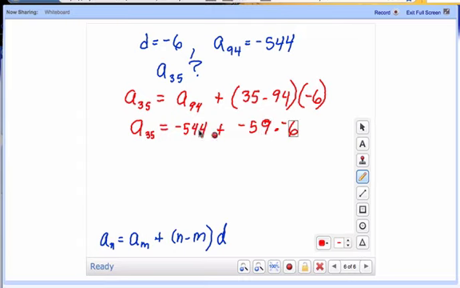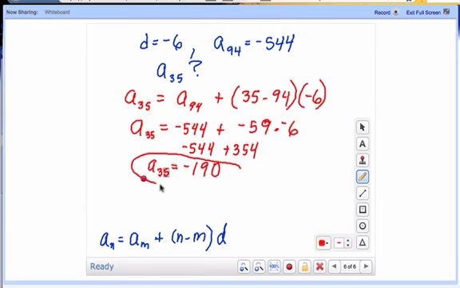So we have to multiply and then add together. So this gives you negative 544 plus 354, which we add together, and you get a negative 190. So the value of the 35th term, that's what A sub 35 means, is a negative 190.